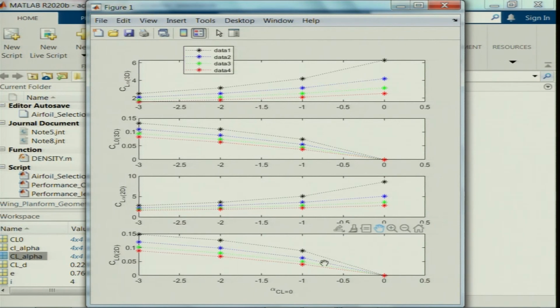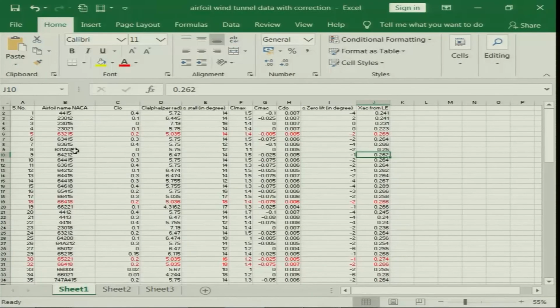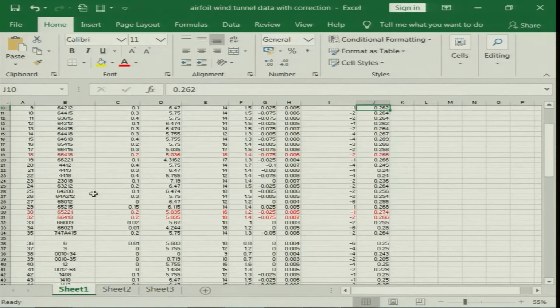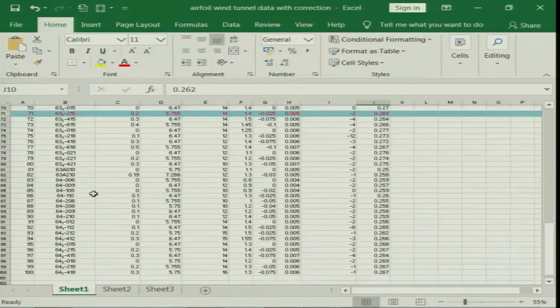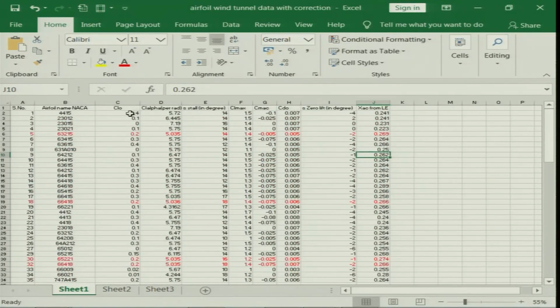Using those values, from the aerofoil database you will be able to select a particular aerofoil. Once you select CL naught 2D and CL alpha 2D, you can go back to this aerofoil database. Here we have presented a database of all the NACA aerofoils, from Theory of Wing Sections. This is based upon that data.